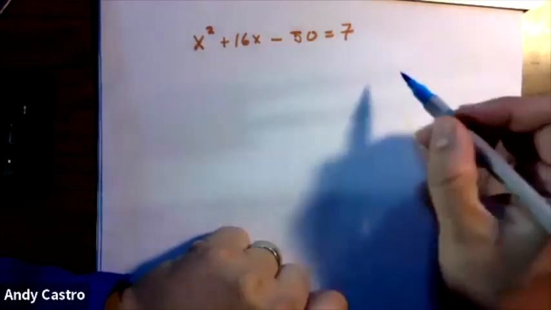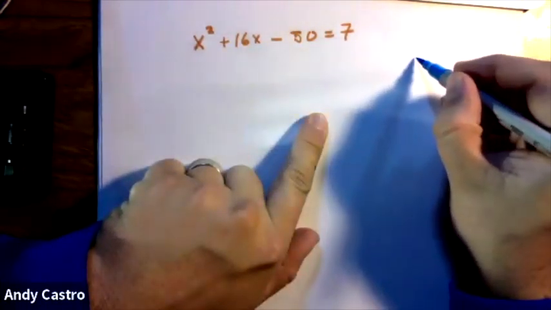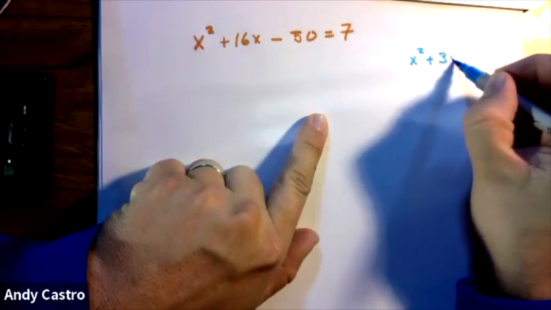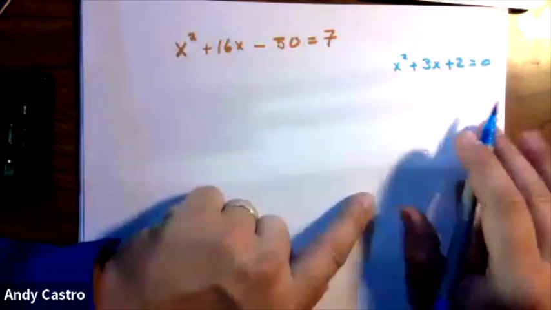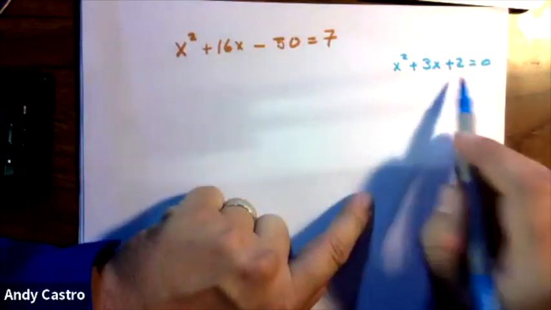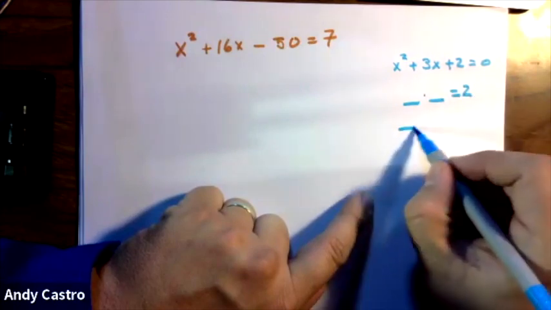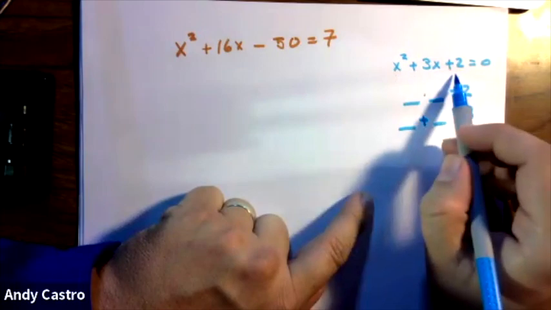So by quick review, if we just focused on x squared plus, let's say, 3x plus 2 is equal to 0. You know two things that multiply to give me 2, but they add to give me 3, right?